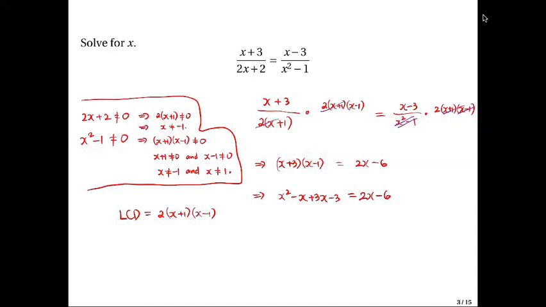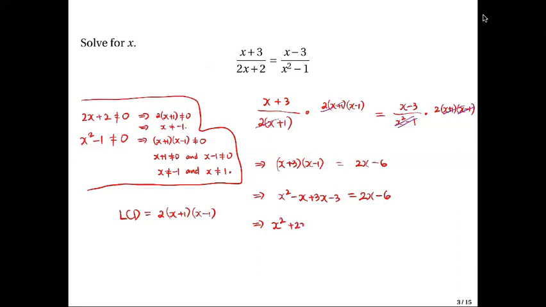And then we simplify. We write all expressions on the left-hand side, and then on the right-hand side, we have 0. So we will end up with x squared minus x plus 3x.